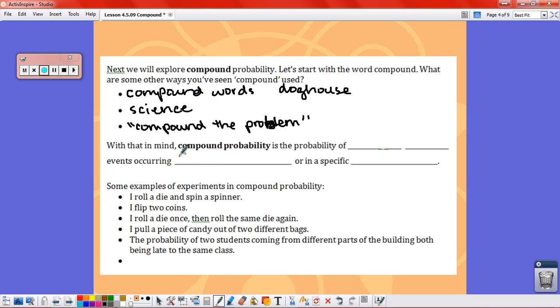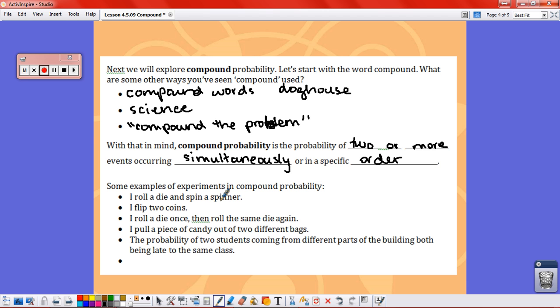Alright. So with that in mind, a compound probability is a probability of 2 or more events occurring simultaneously, meaning at the same time, or in a specific order. So, some examples.